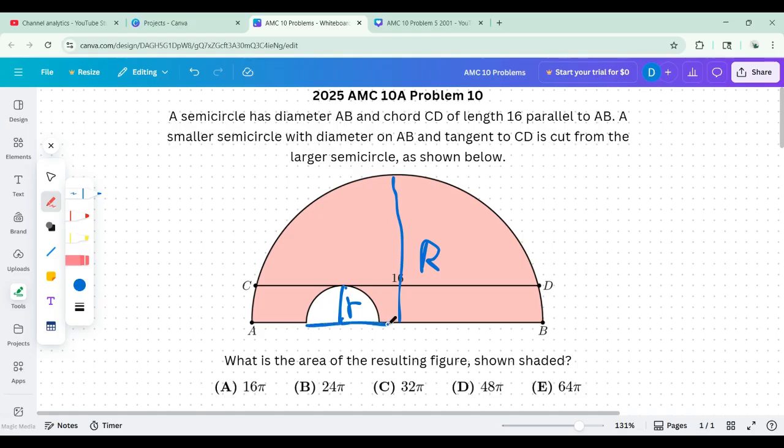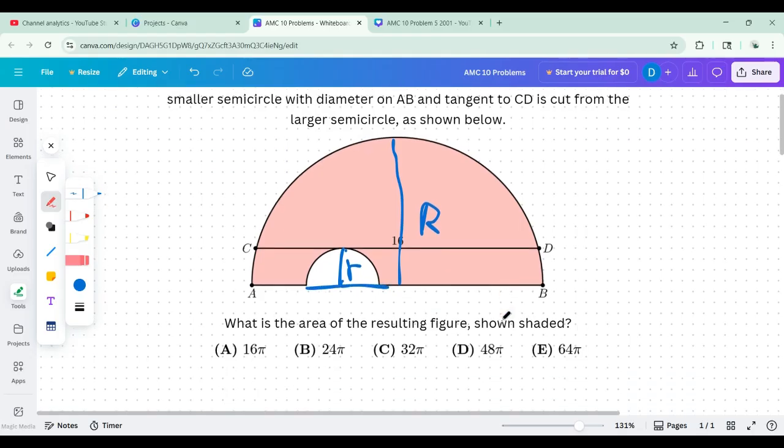And as you see here, we can write two different equations from this. Since this radius is from the center and perpendicular to the chord CD, and AB is parallel to CD, we have a right triangle that we can form.